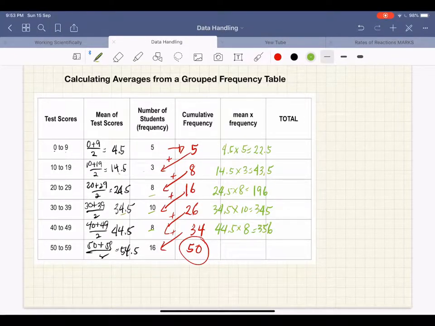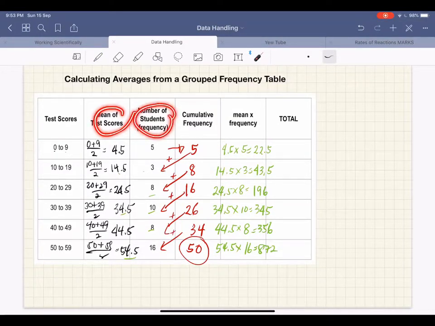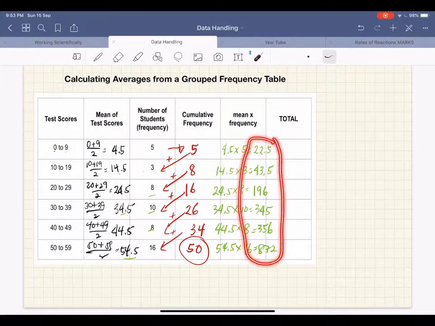Okay, then the last one, 54.5 times 16. Wow, this is going to be big. 872. Okay, there you go. Mean times the frequency. Okay, and then you're left with all these total values.